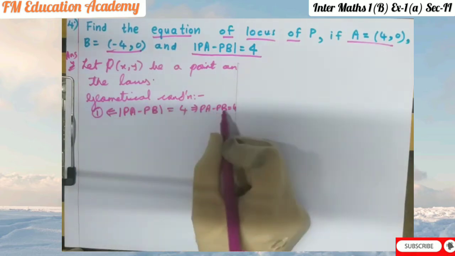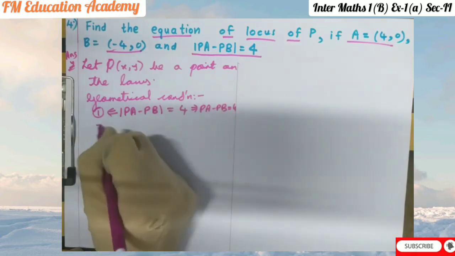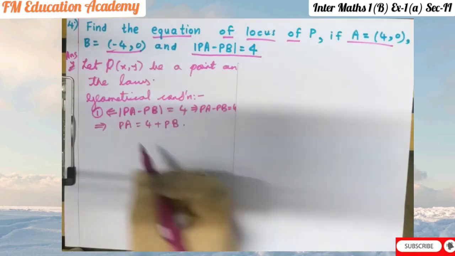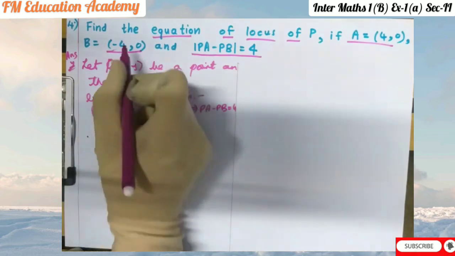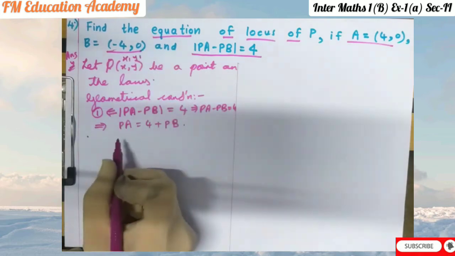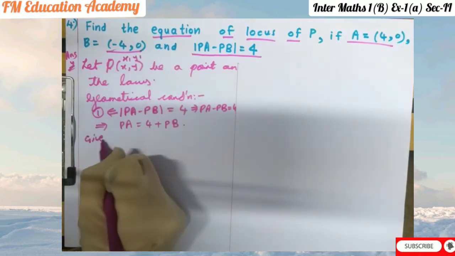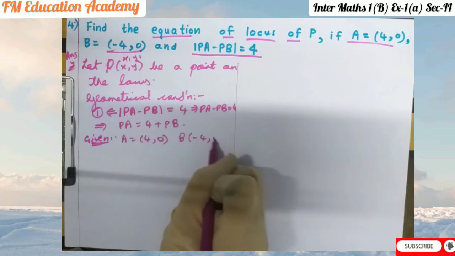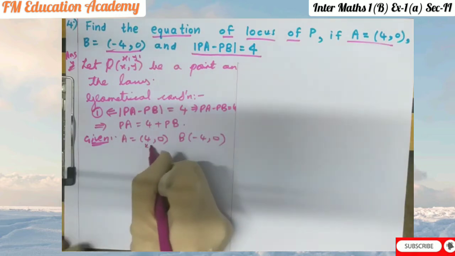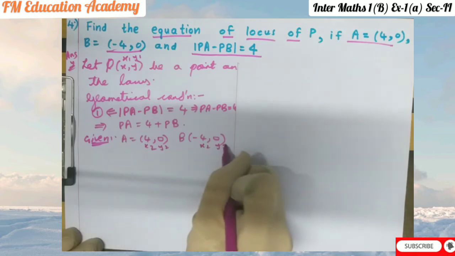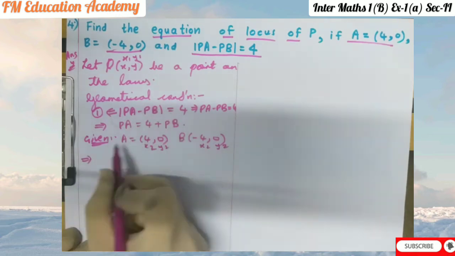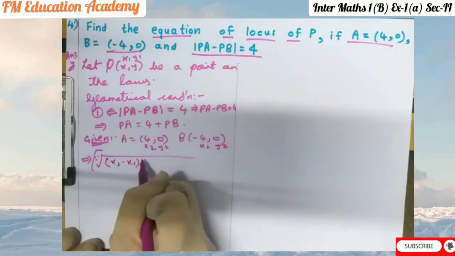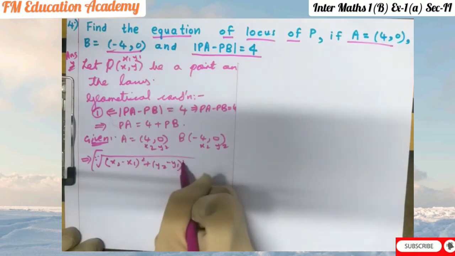Now we'll take minus PB to the RHS as we did in the previous sum. So PA is equal to 4 plus PB. P we took as (x, y), so let us suppose this is x1, y1. A is given as (4, 0) and B is given as (-4, 0), so let us suppose A is (x2, y2). PA means again we have to use the distance formula, root of x2 minus x1 whole square plus y2 minus y1 whole square.